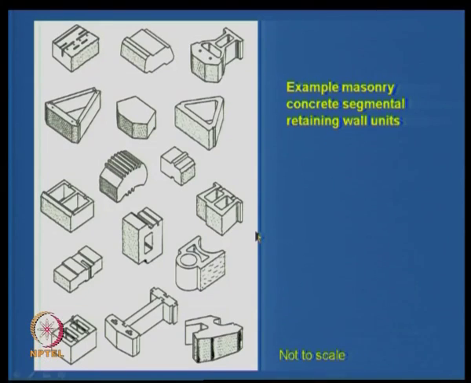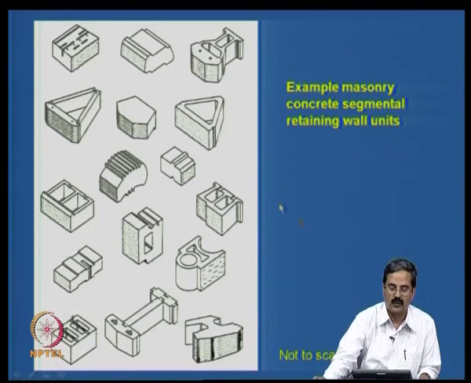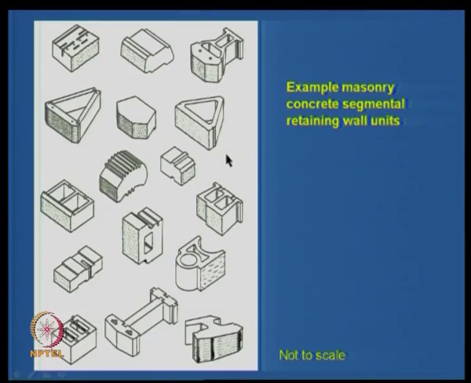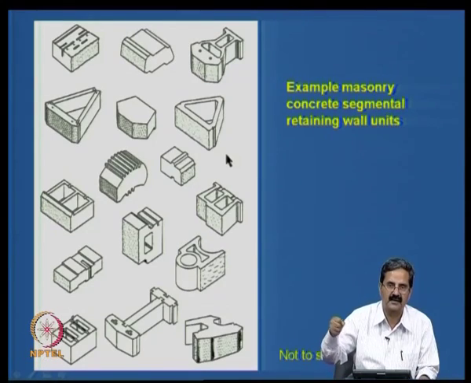Before I go further, I want to illustrate a few more points here. As I said, facing can be anything. People have tried different facing blocks, because these are very simple, and one can carry them by hand. If you are familiar with wall structures constructed with concrete panels, they need a lot of cranes and all that.